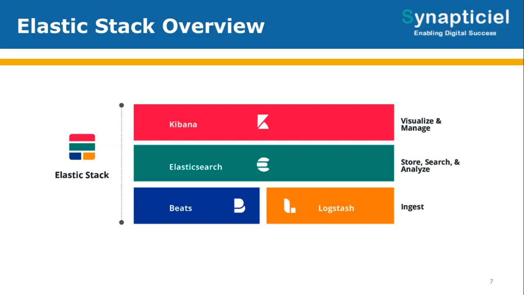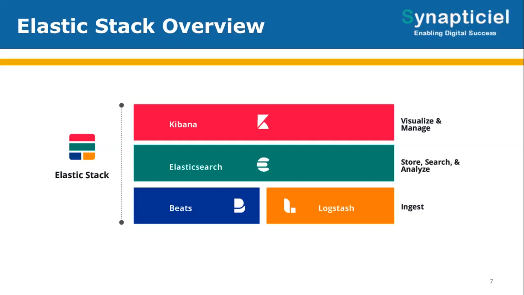I'm going to start with Elasticsearch, which is the core piece of this stack. Elasticsearch is mainly a distributed RESTful search and analytics engine. Think about it as a document-oriented database that includes a powerful search and analytics engine built on top of Lucene.